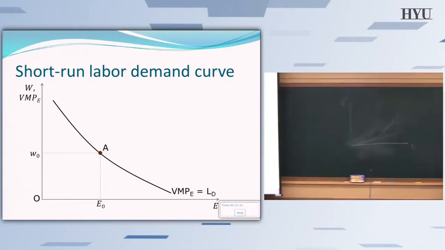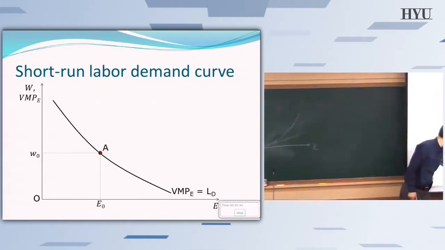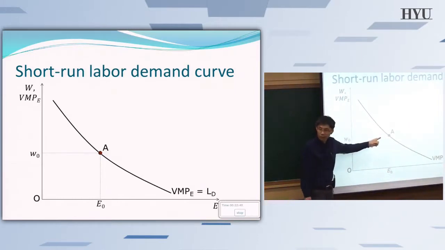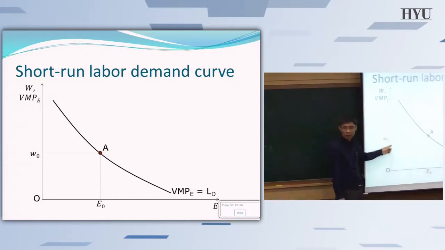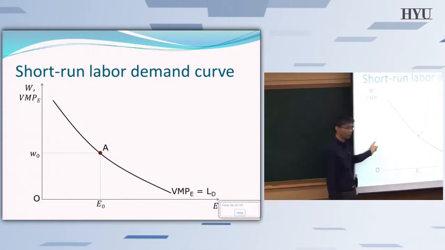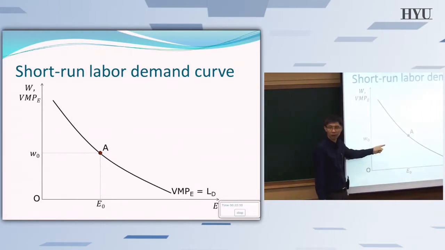The firm picks the employment level that makes the value of marginal product of labor equal W0. That's what firms should do. They pick the employment level to make VMP equals W0. Okay? So that level of employment will be picked from the VMPE curve.